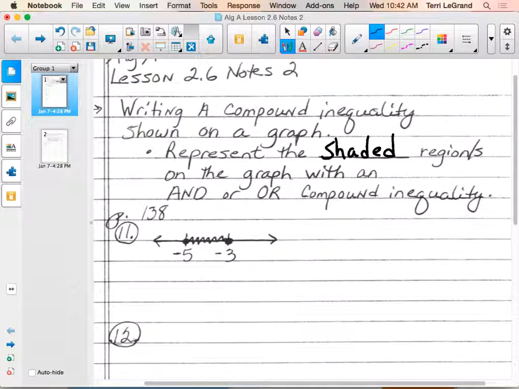When we have an and, we have one inequality with the two simple inequalities combined together with a variable in the middle. When we have an or, we have two separate simple inequalities, each with its own variable, and they use the word or between them.